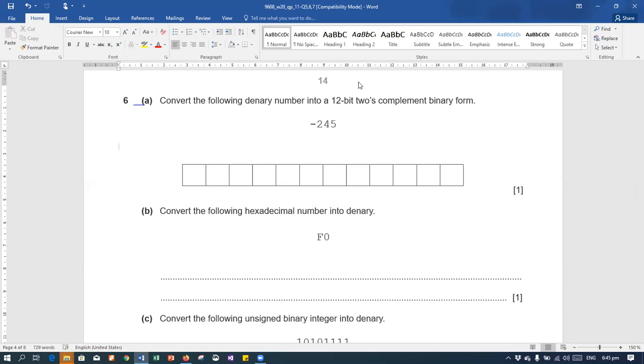It's 12-bit. If it's a negative number, then there'll be a one added in the last digit, right? There is one, and then give the place values to the rest of the bits. Identify how you would get 245, then convert it into 2's complement, and then give me your answer.